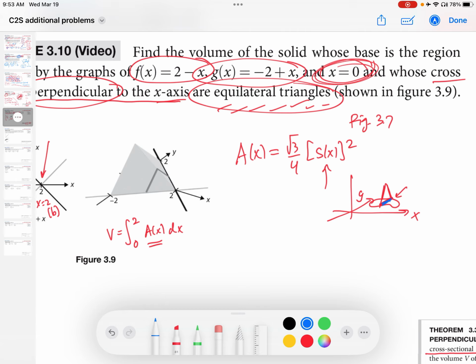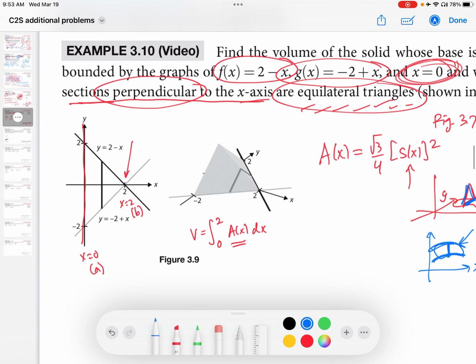I'm drawing things in 3D here to show you how that height becomes the base of this triangle. If I now go to 2D and I look at this region here, and I'm looking at this same infinitesimal rectangle, that's why I keep calling it height, because this is a difference between whatever this top function is and this bottom function.